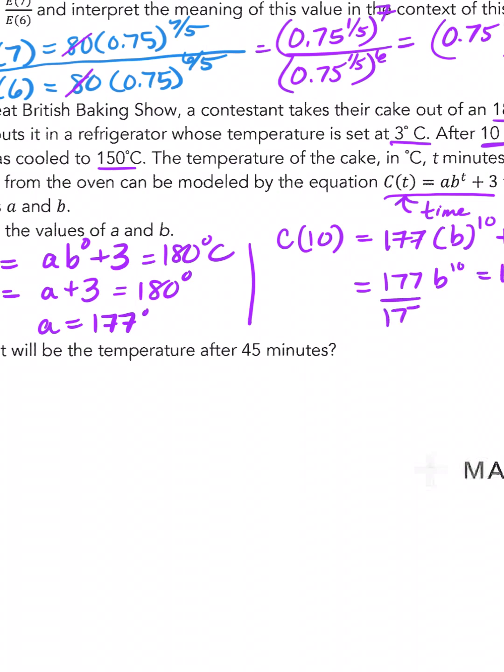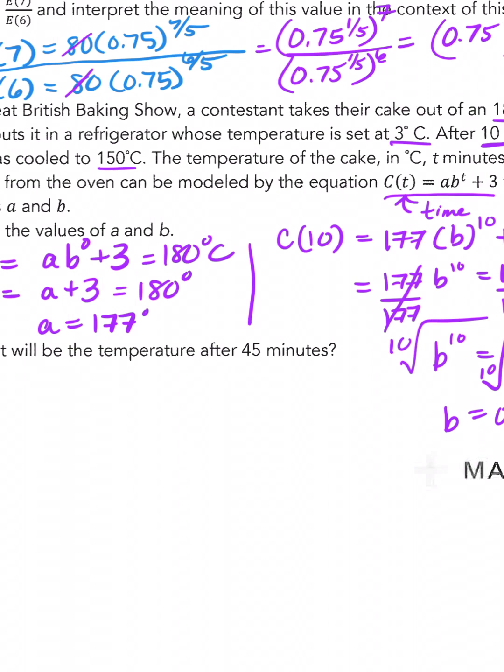We can divide both sides by 177, and we get b to the 10th equals 147 divided by 177. Now how do we get rid of the 10th power? Well, we take the 10th root. And so we get b equals 0.97958. So is it growth or decay?